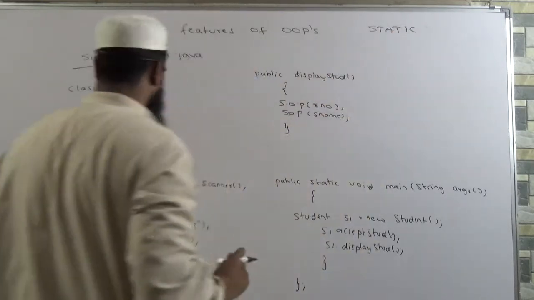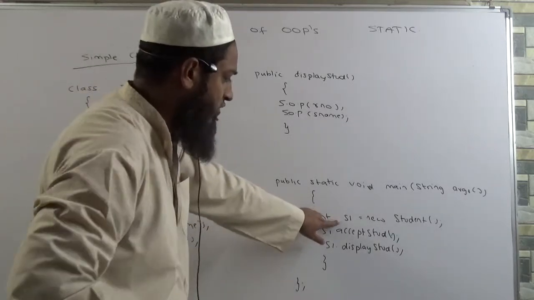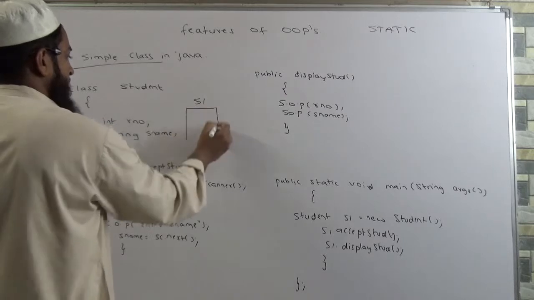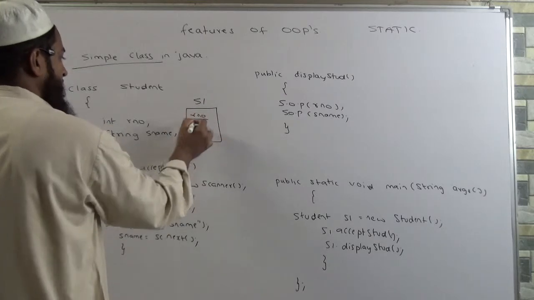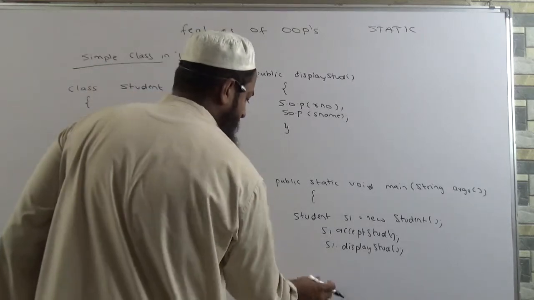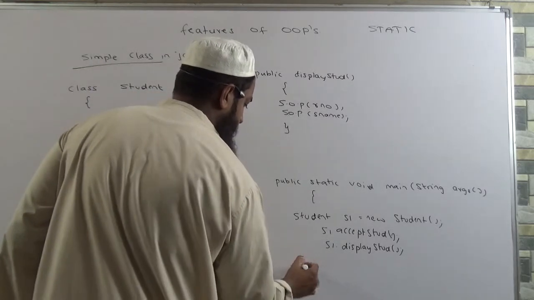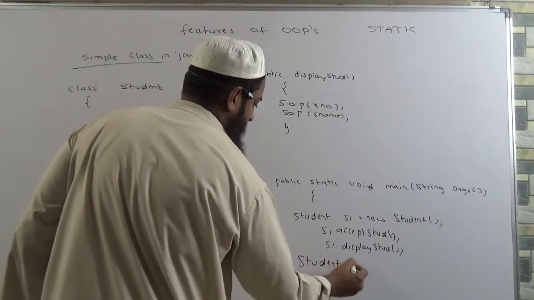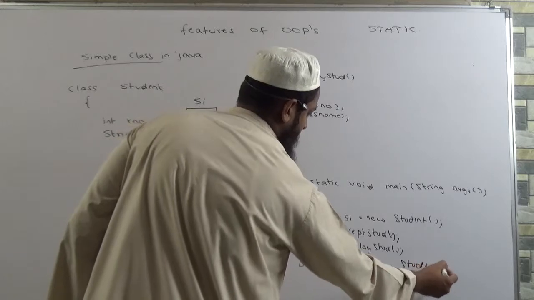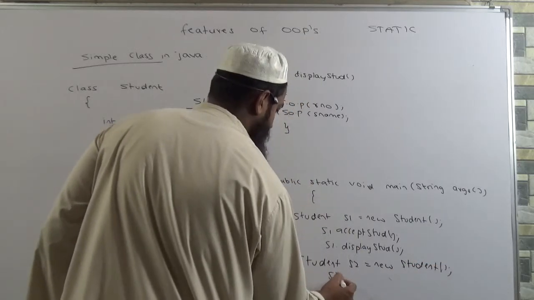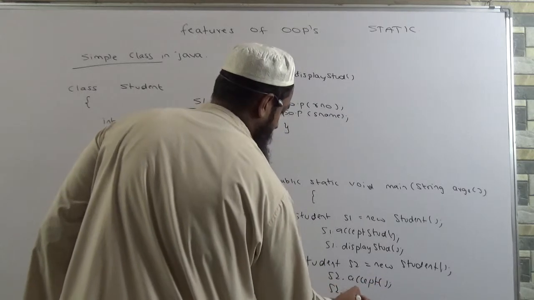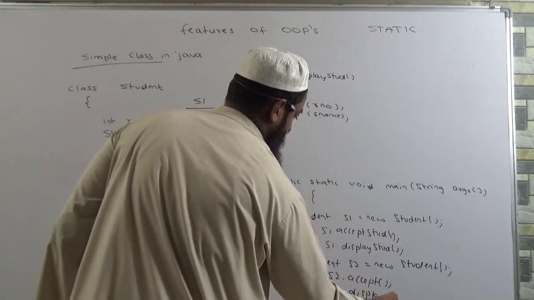Okay, so now if I make one object, Student S1, an object is made of the class, and S1 will have its roll number and will have its name. If I make one more object, Student S2 equals new Student, and S2.accept, and I can have S2.display.